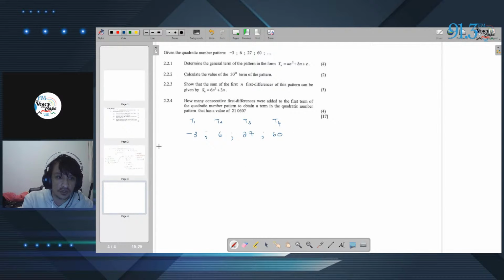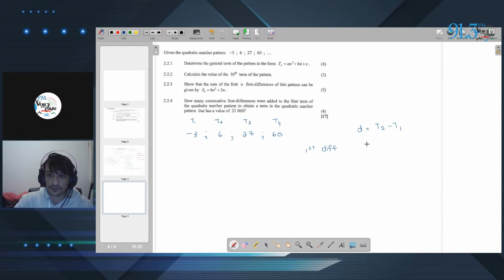Now the first thing is we're going to find our first difference. Remember, your difference is always equal to T2 minus T1, or it could be T3 minus T2, or T4 minus T3. So we're going to go ahead and find them. So the first difference, 6 minus minus 3, is going to be equal to 9.